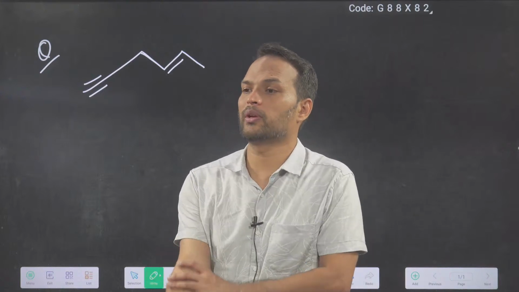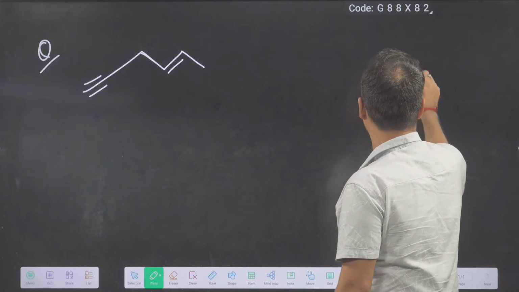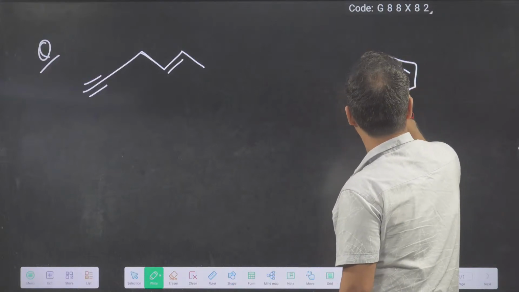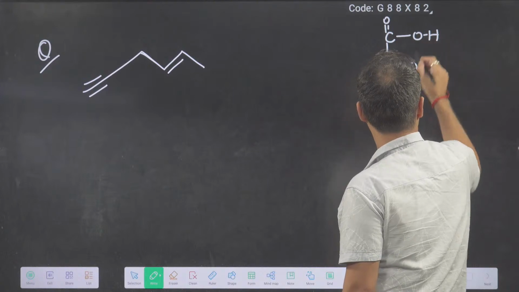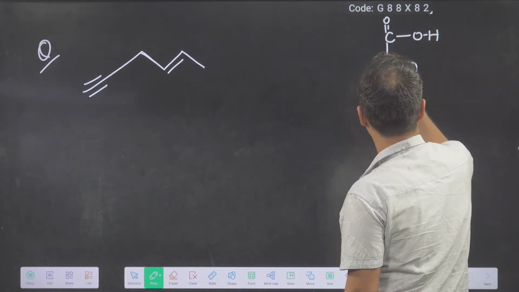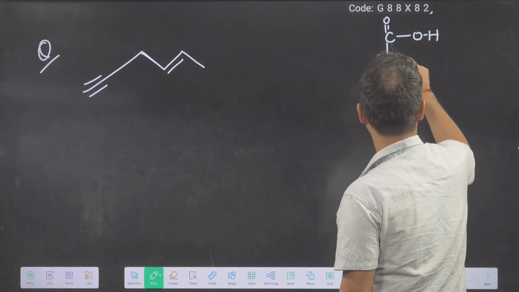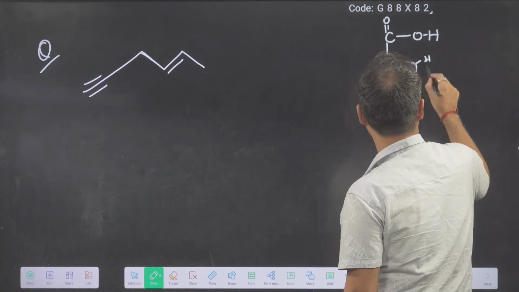Benzoic acid. Acha, benzoic acid you have counted. Benzoic acid was the homework, I think. So you can do it like this. This is your benzoic acid. If you talk about sigma bonds, then 6 here, 6, 7, 8, 9, 10, and 5 hydrogen atoms.